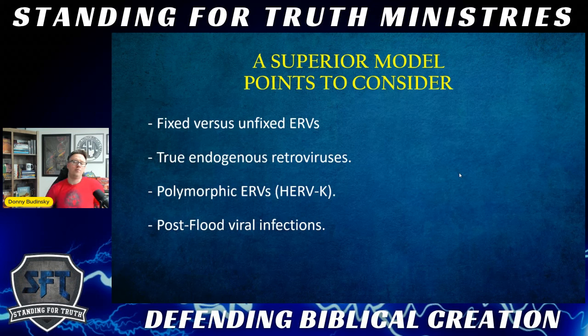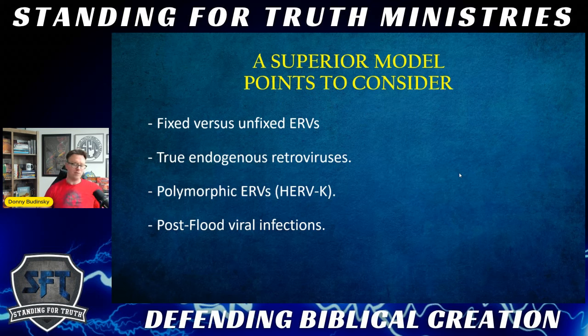Okay, here are some important points to consider on the superior model. Fixed versus unfixed ERVs. The majority of endogenous retroviruses in humans are fixed. They're stuck in place. Every single human being has them. There is a small portion of those ERVs that are not fixed, where only a specific subset of people have them.